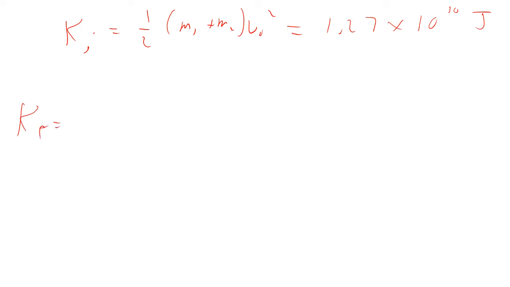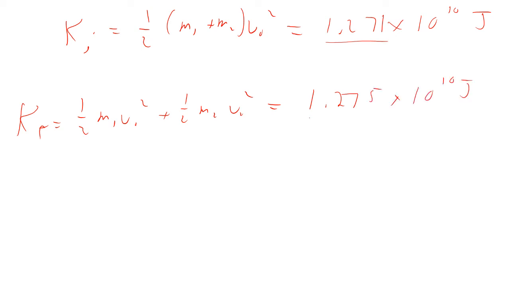The final kinetic energy is 1/2 m1 v1 squared plus 1/2 m2 v2 squared, and that comes out to 1.275 times 10 to the 10th joules.